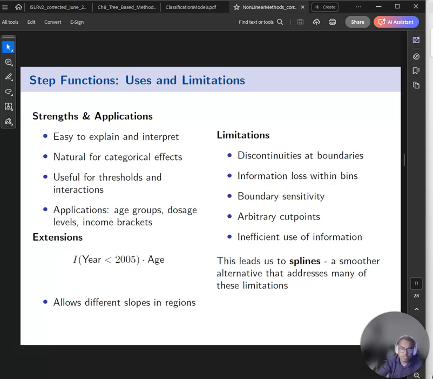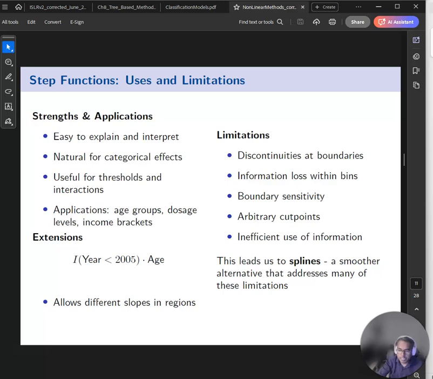But step functions also have some limitations. The discontinuity at boundaries can be unrealistic for many natural processes, which typically change more smoothly. Information is lost when we bin continuous data. The results can be sensitive to exactly where you place the boundaries.